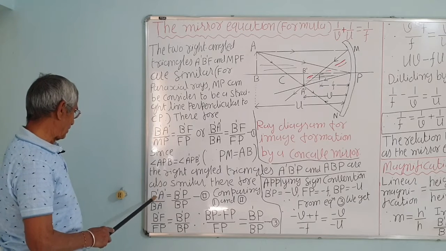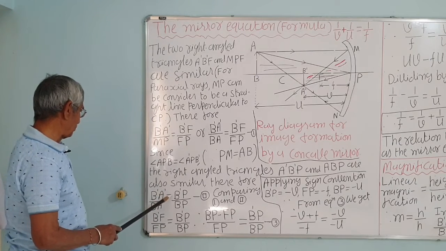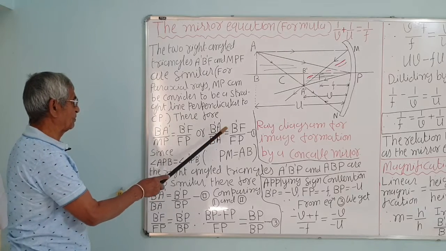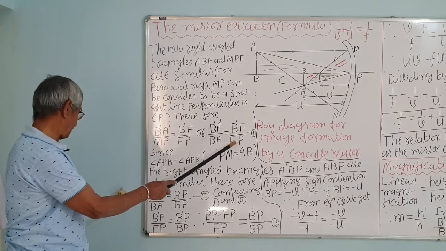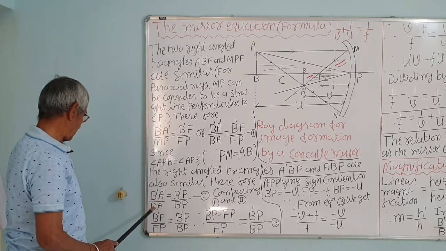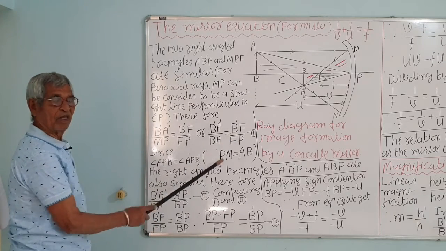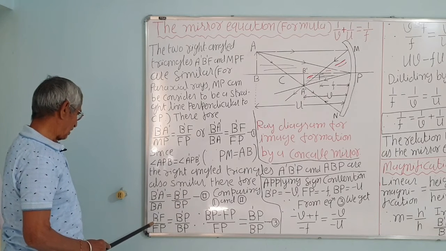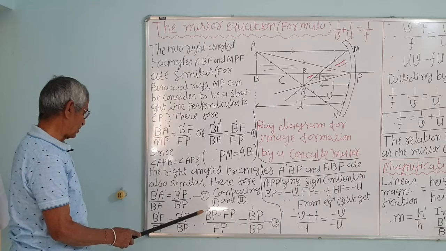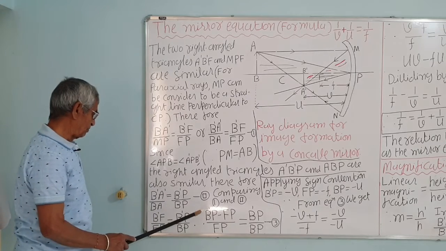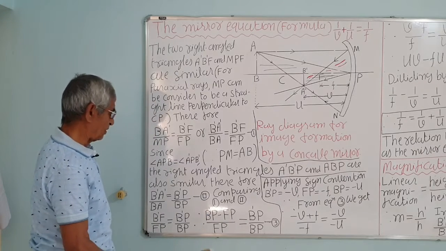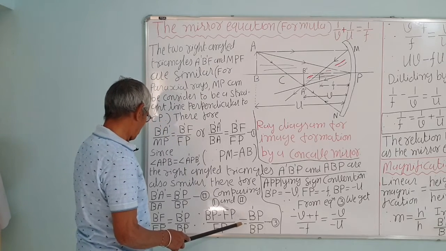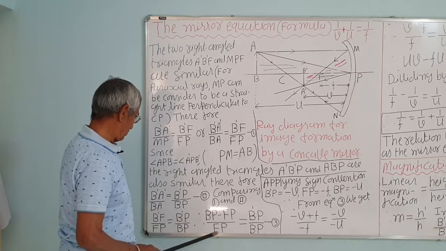So first you compare this one, A'B' upon BA is equal to B'P upon BP. Then B'A' upon BA is equal to B'F upon FP from the earlier one. So we can write this instead of this: B'F upon FP is equal to B'P upon BP. But B'F we have to convert into known distances. So B'F is B'P minus FP upon FP. It's very simple geometry, and that is equal to B'P upon BP.